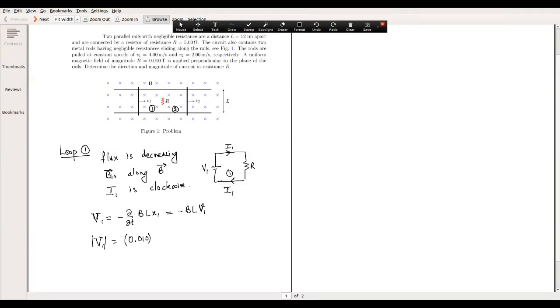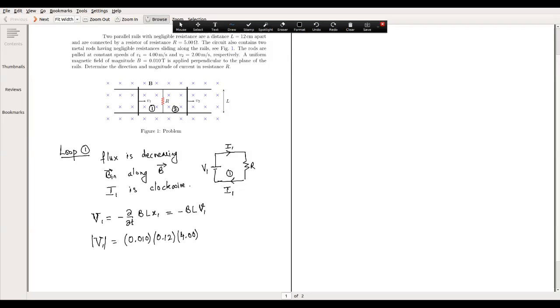L, the distance between the rails, is given to be 12 centimeters. So that's 0.12 meters. And the velocity with which it is pulled is 4 meters per second.